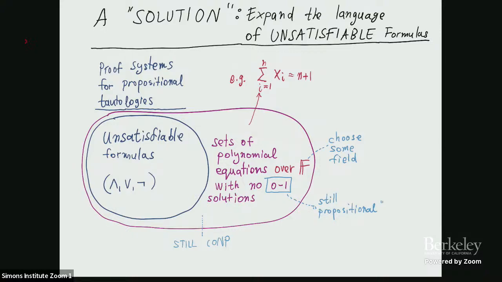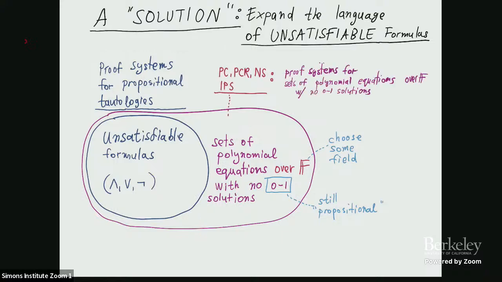It can even be considered as natural as CNF. And in this regime, where proof systems prove statements in this expanded language, I'm going to show you that a lot of the major open problems are actually solved to a certain degree of satisfaction.